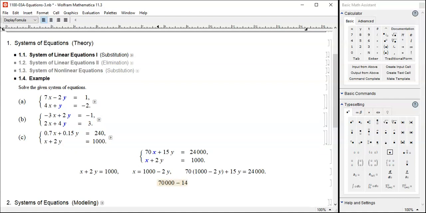70,000 minus 140y plus 15y is equal to 24,000. Take the like terms together. Negative 140 plus 15, so minus 125y equals 24,000 minus 70,000. It's going to be negative 46,000.